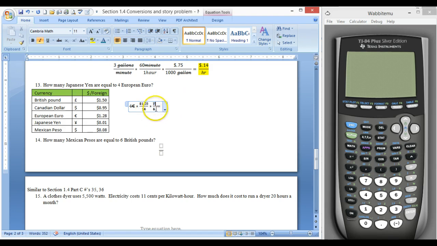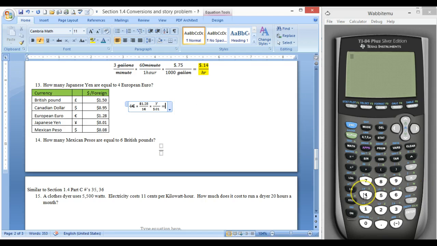So there we go. So now I can cancel out my dollar here and here and replace it with yen. And I know that 1 yen is 0.01 dollars in US. So now my euros have canceled out, my dollars have canceled out, and it's just a matter of calculating what I have left.